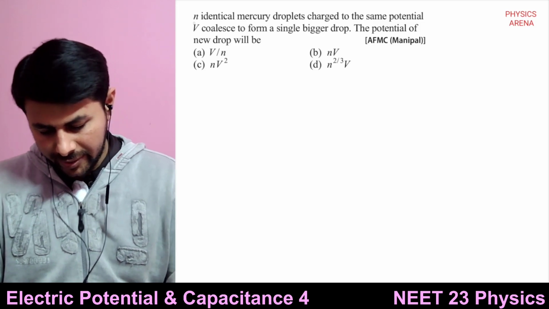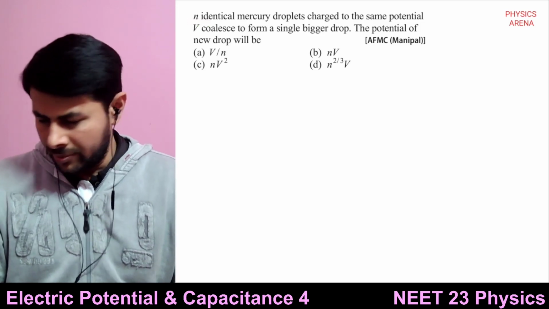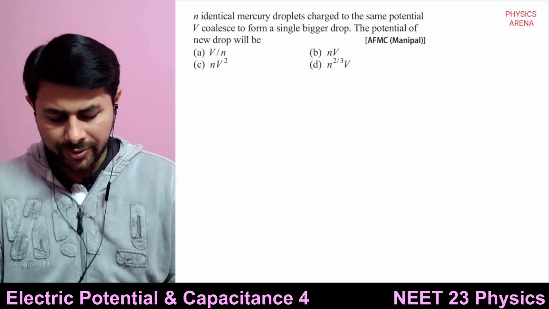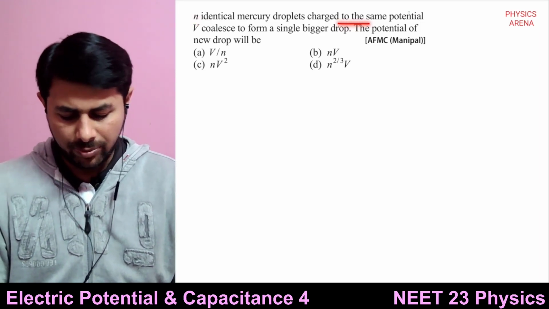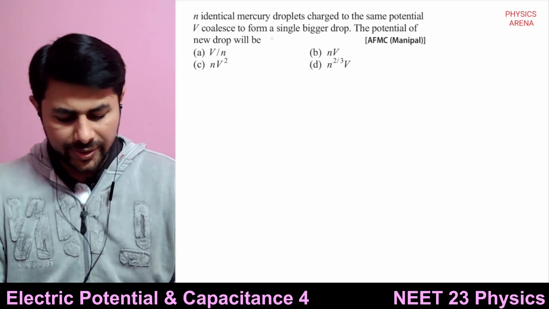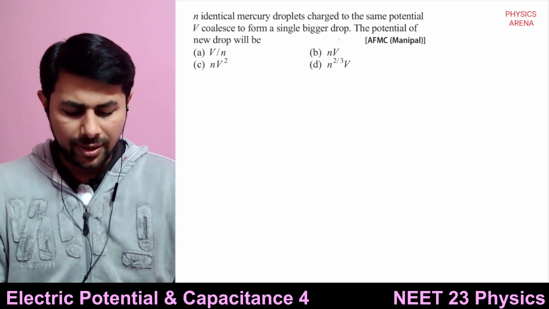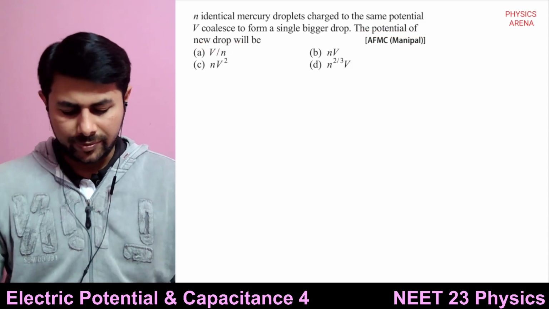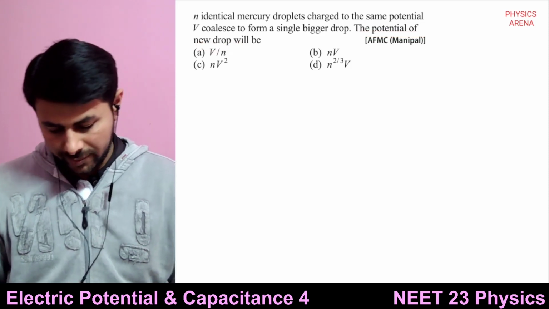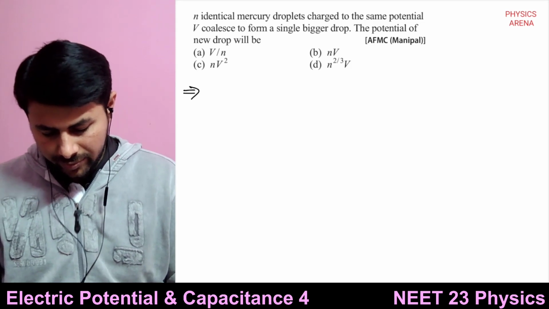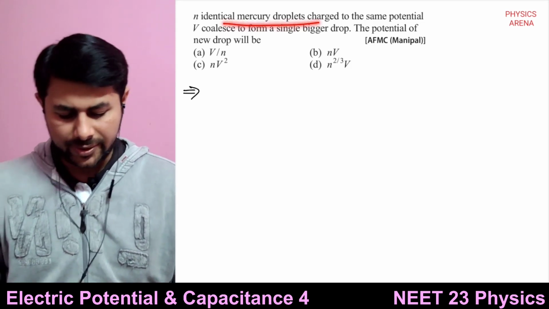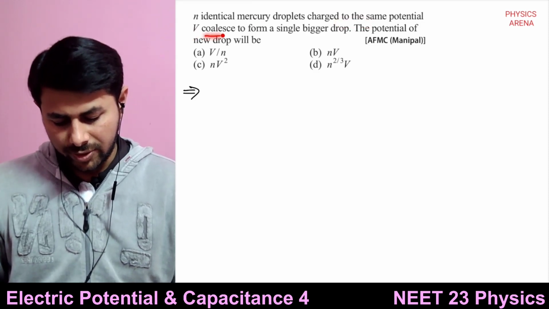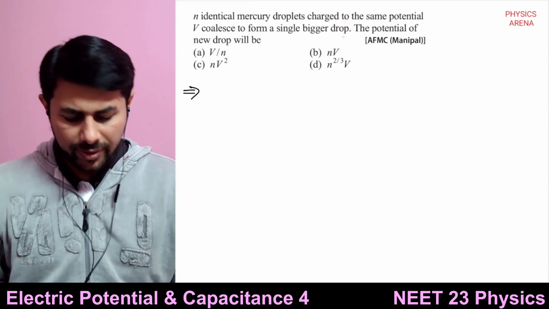So n identical mercury droplets charged to the same potential V coalesce to form a single bigger drop. The potential of the new drop will be? This is the question. You have n mercury droplets charged to the same potential, and they coalesce to form a single bigger drop.